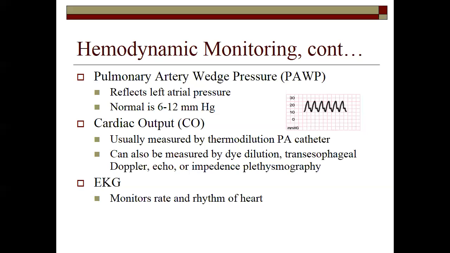We can also do a mathematical formula where we're checking the hemoglobin concentration of oxygen in the superior vena cava and in the pulmonary artery, and figure out mathematically what the output is by how much oxygen is consumed in that short period of time. But that's beyond anything we need to cover.